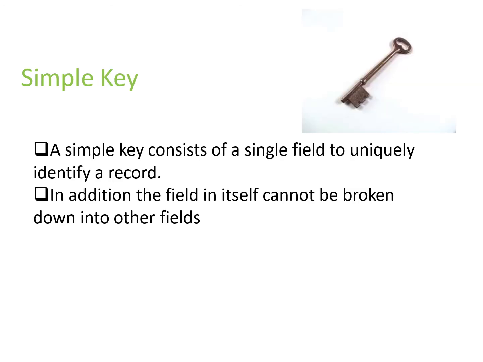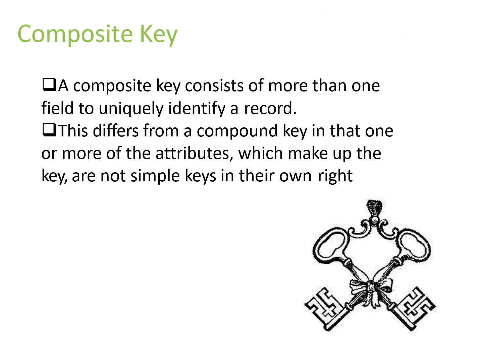A simple key consists of a single field to uniquely identify a record. In addition, the field in itself cannot be broken down into other fields, meaning an atomic value, a single field. Then comes composite key.